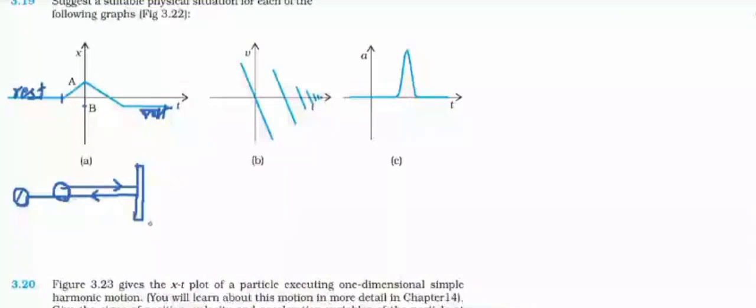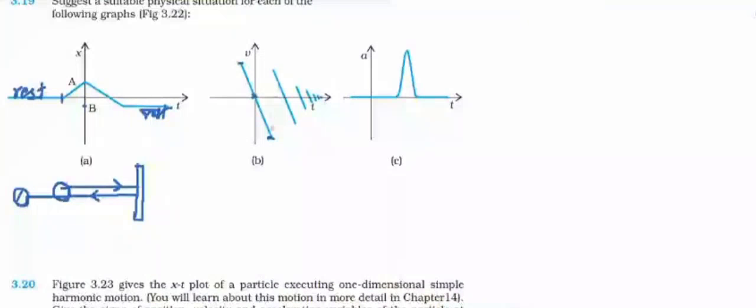Now graph B is a velocity time graph. Velocity time graph, we have already seen this kind of graph. Here it has a velocity. Then at this point velocity becomes 0. After the velocity is 0, the direction of velocity changes to the negative direction, and here the velocity becomes maximum.